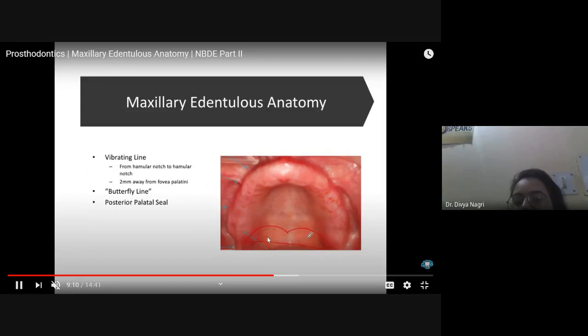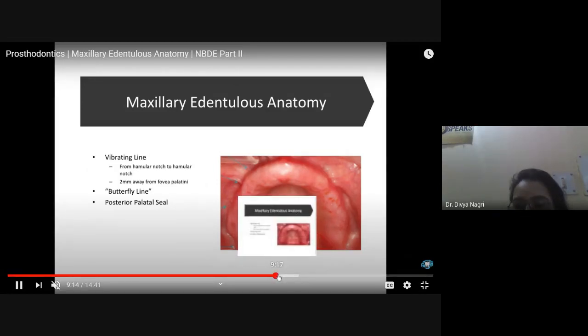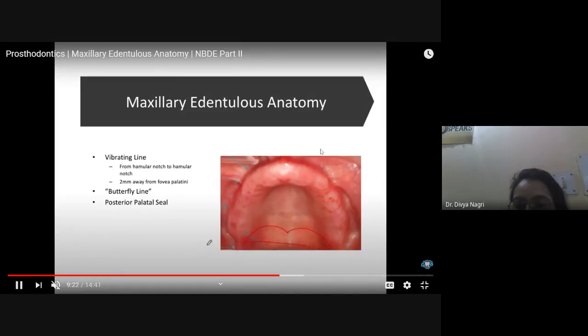This is marking the area of the posterior palatal seal. This is a butterfly shaped structure. This is a cupid bow shaped structure which you can see posteriorly.